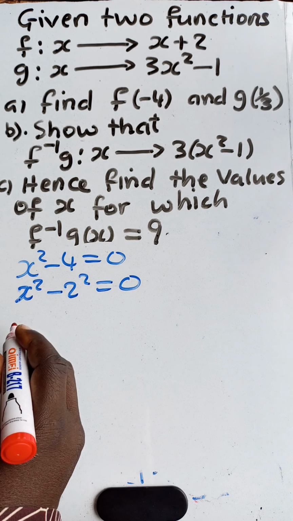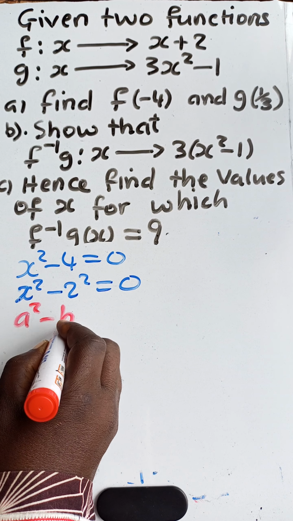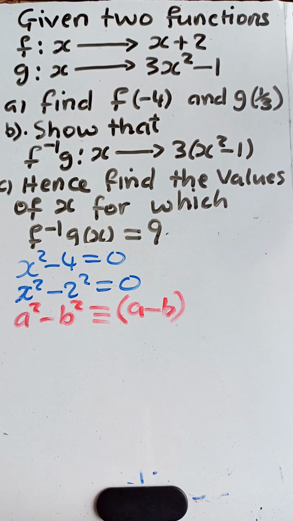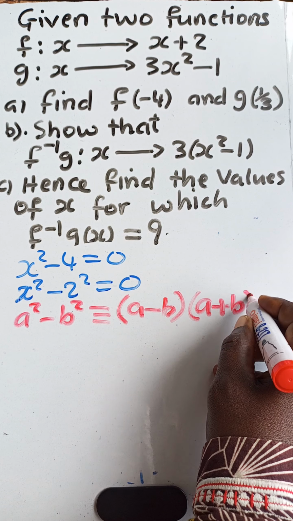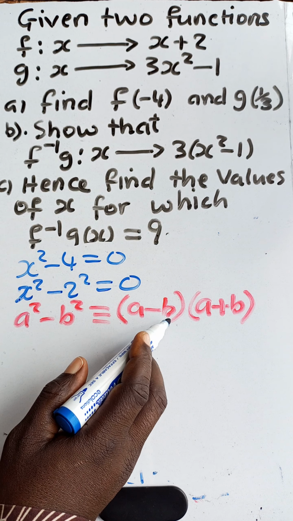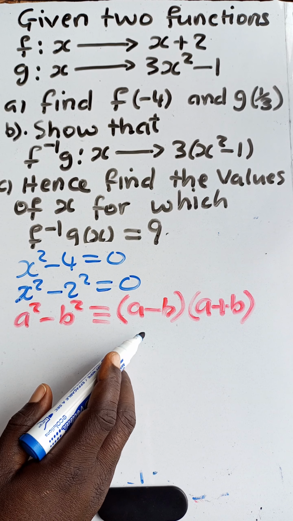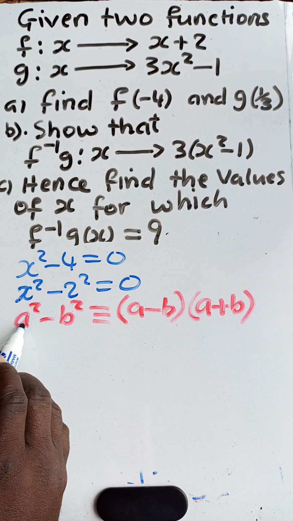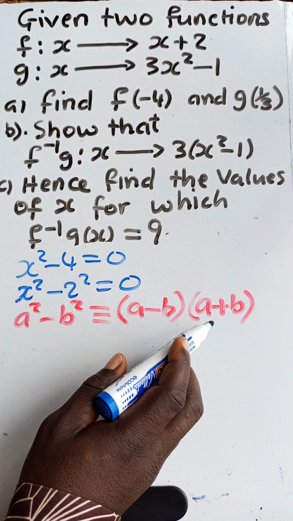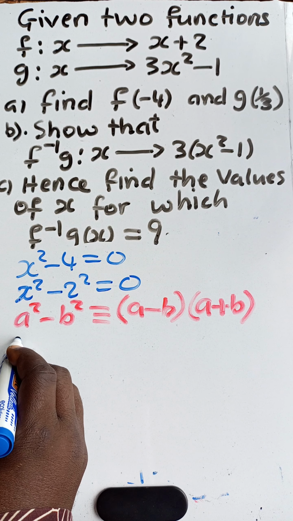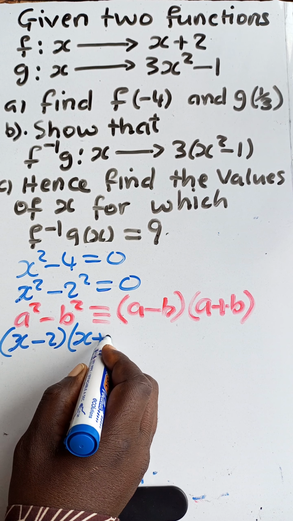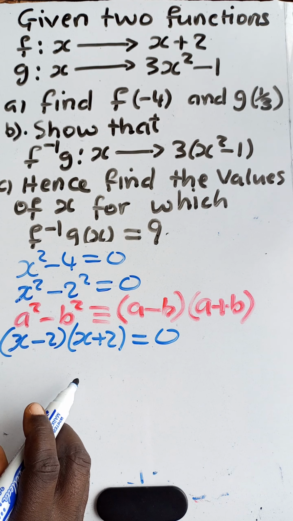We know the difference of squares identity: a squared minus b squared is the same as a minus b into a plus b. So your x here takes the place of a and your 2 takes the place of b. Following the nature of the right hand side, we have x minus 2 into x plus 2 equal to 0.